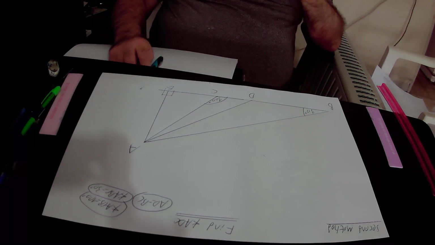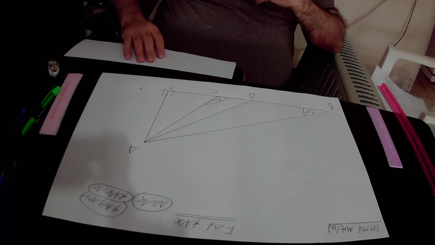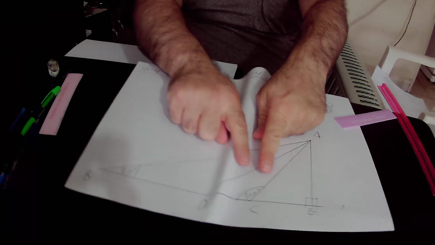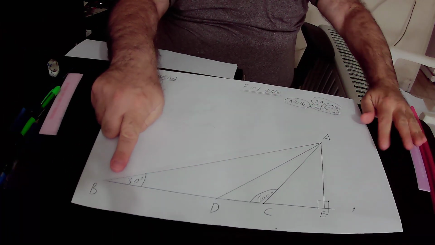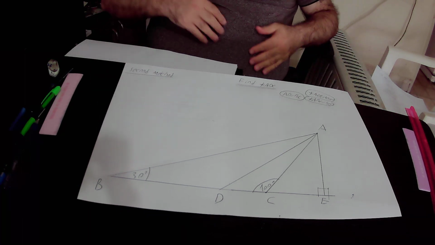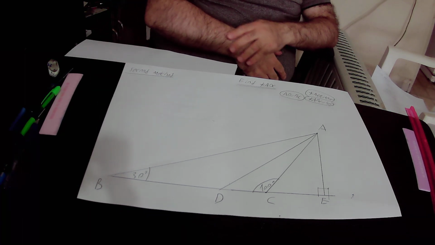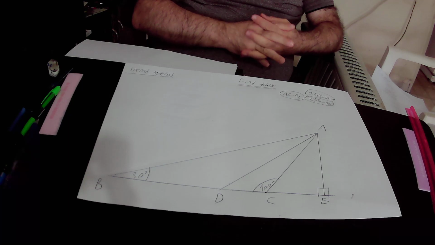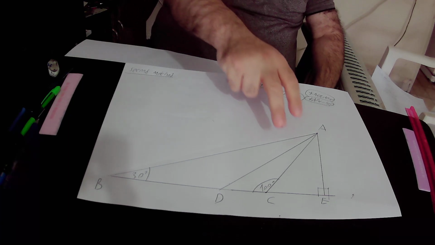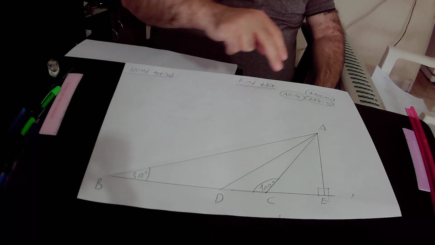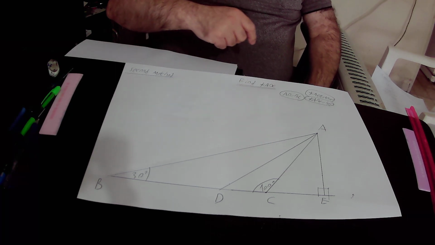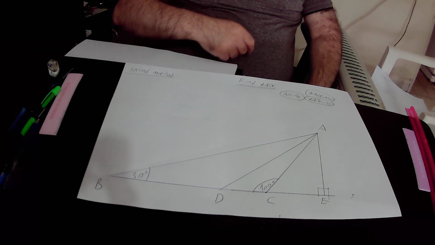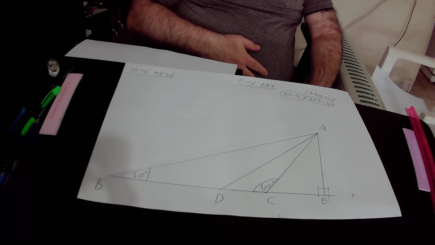We have the rule that the sum of the angles on one side of a straight line is equal to 180 degrees. So if we focus on the upper side of the straight line BE at point C, then the sum of the angles must be equal to 180 degrees.